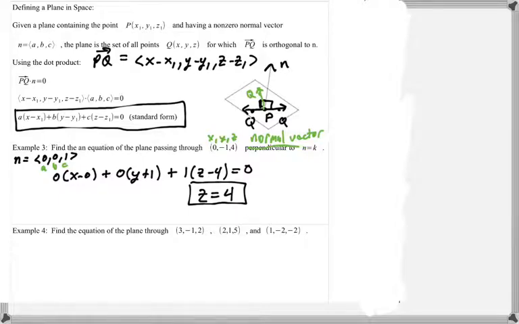Okay, example number 4. We're going to find the equation of the plane through the 3 points, 3, negative 1, 2, 2, 1, 5, and 1, minus 2, minus 2. So what we want to do is, let's say we got our 3 points, and so we're going to make a vector here, and we're going to make a vector here.